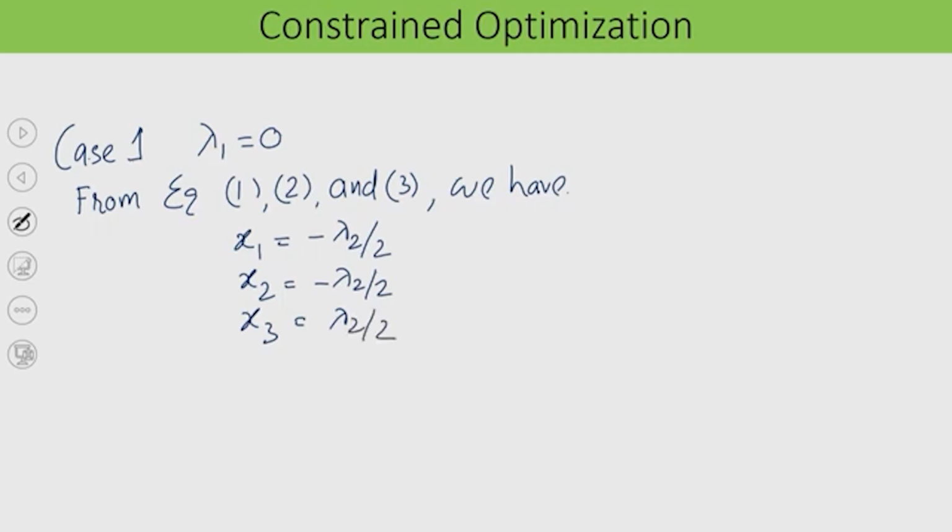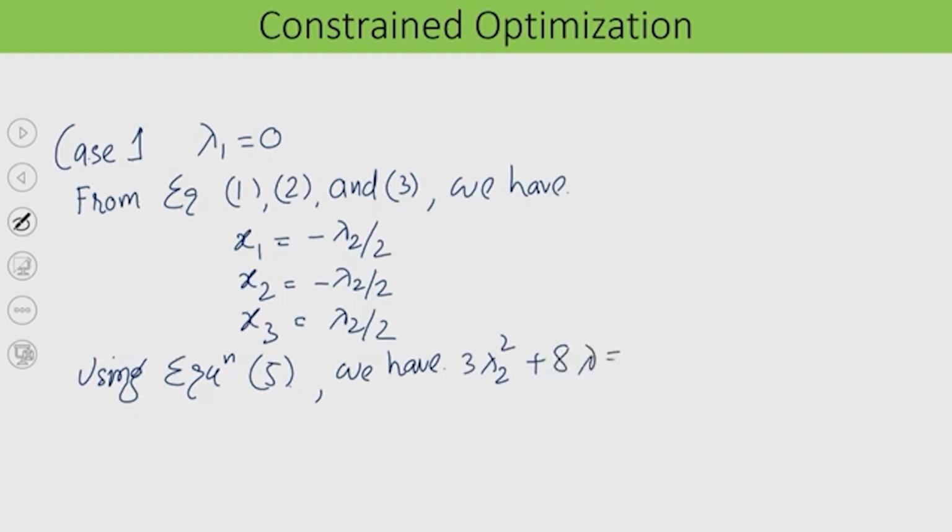Now, from equation 5, using equation 5, we have that 3 lambda 2 square plus 8 lambda 2 equal to 0.